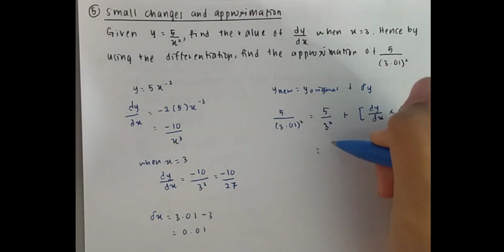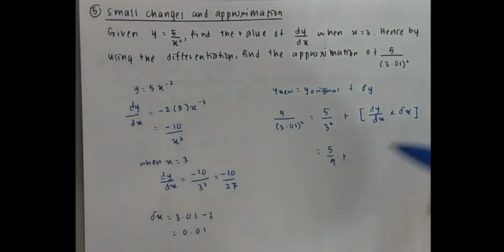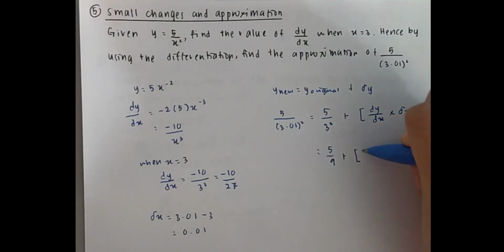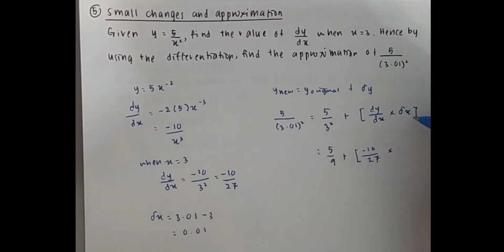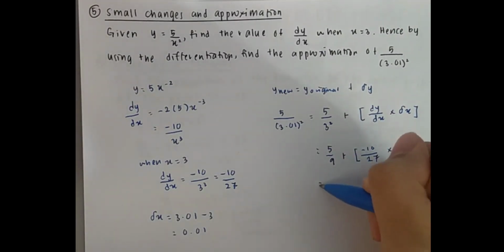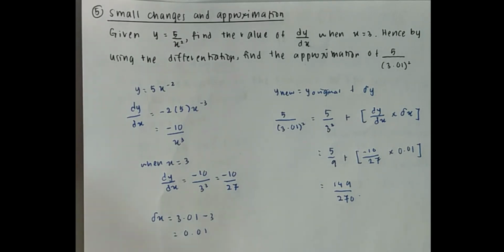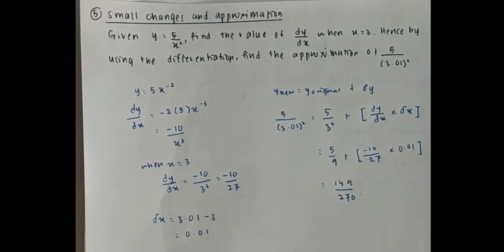So 5 over 9 plus dy over dx, which is negative 10 over 27, times delta x, which is the small change of x, 0.01, and we will get 149 over 270.